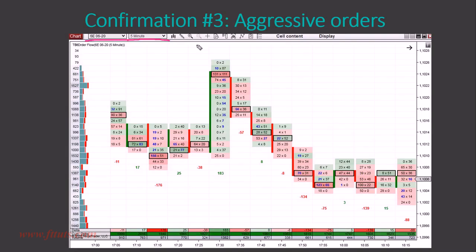Euro futures, again 5-minute chart. Price is going upwards, buying imbalances, so you should be careful. But there is an absorption, and sellers start to join the party. This is what turned the price.